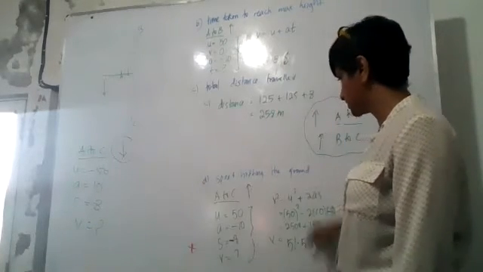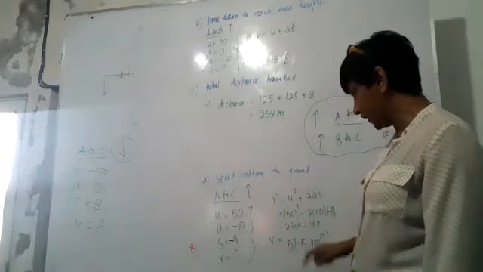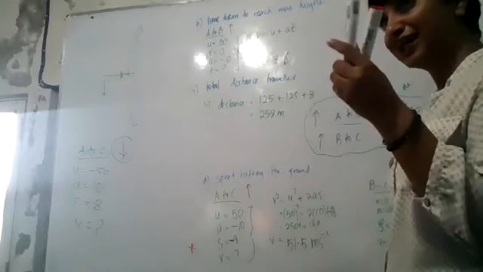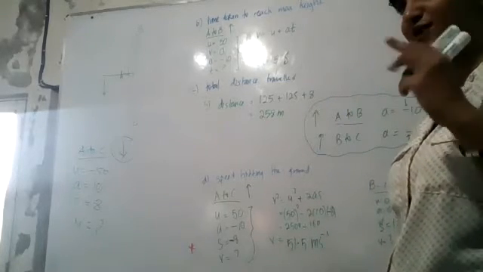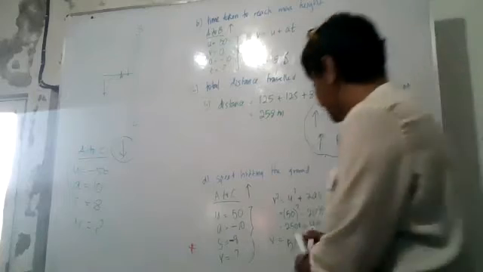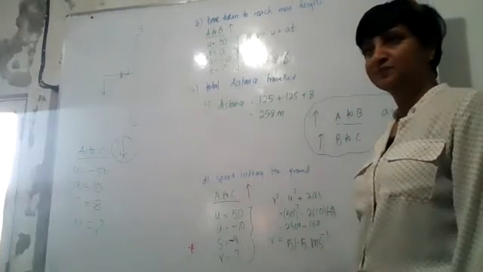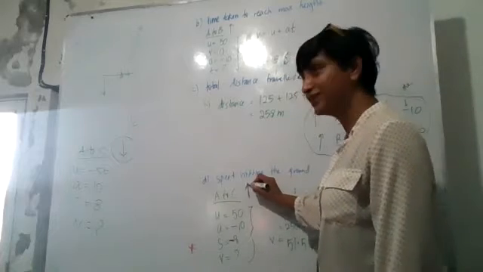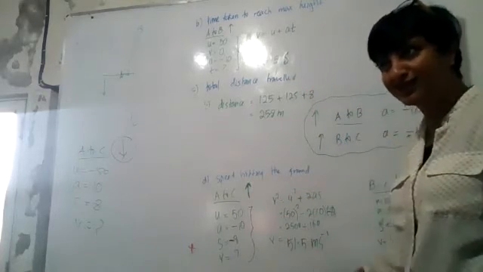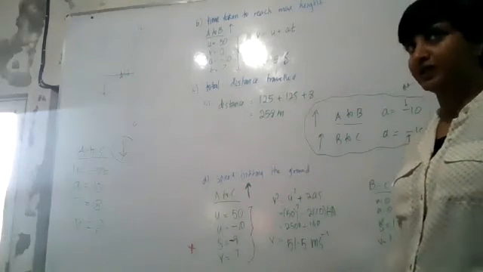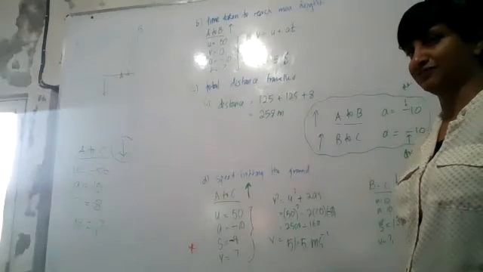Here, when you square it, you get two answers. You actually have to take the negative answer, and that's okay because you know it's coming down. You have taken upward, so your answer is negative 51.5, which means it's going down at 51.5. Okay?